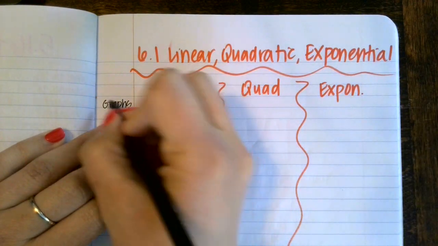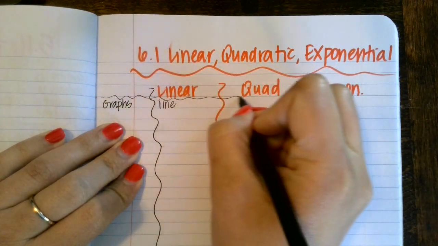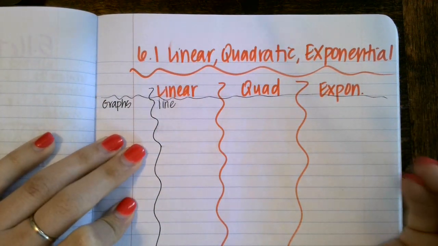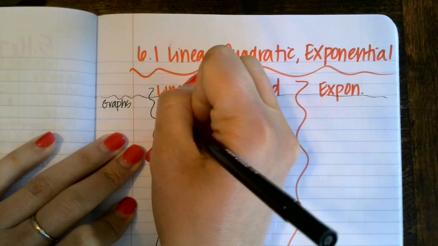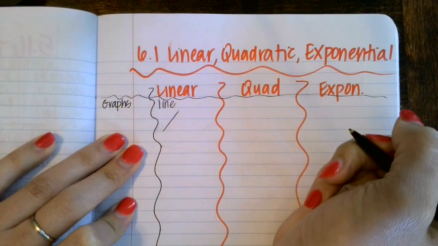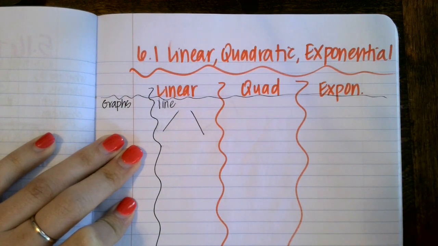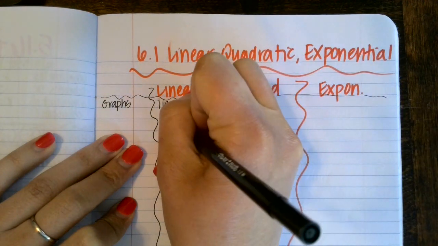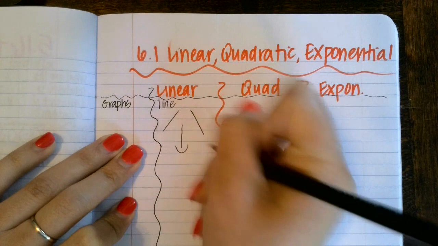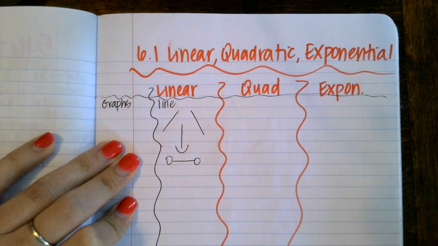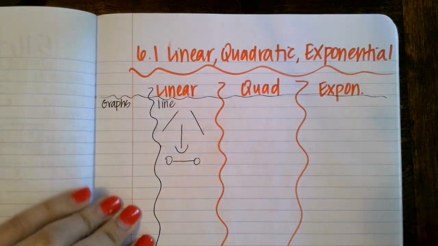That makes sense. Linear, line. There are 4 different ways that we can represent our linear equations: positive sloping line, negative sloping line, undefined line, and zero slope line. Our slope man, our slope dude.